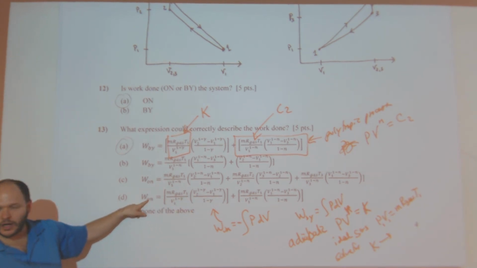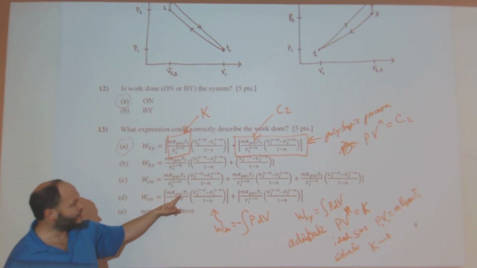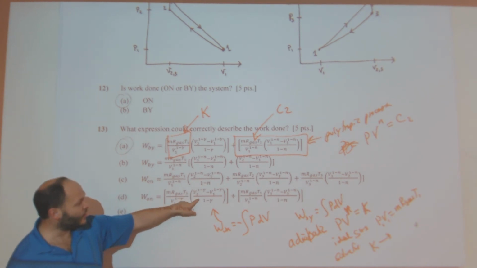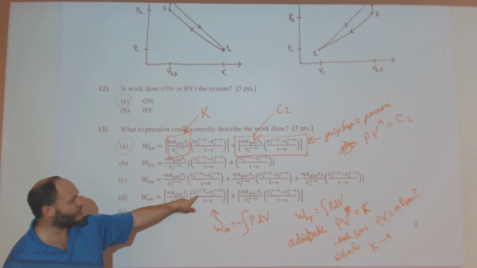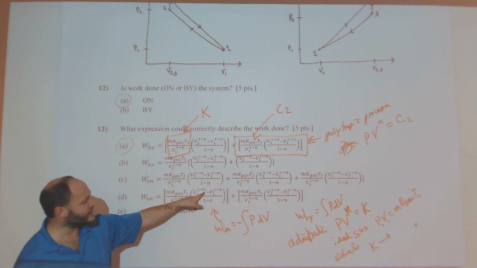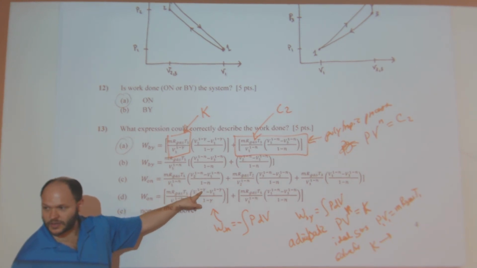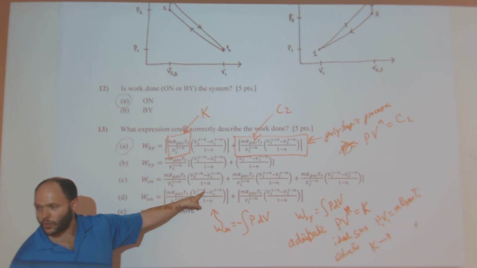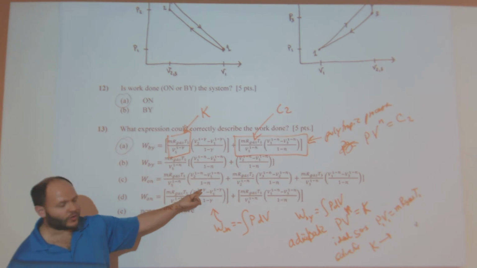I know work on should be positive, but if I just look at it, I have a volume, and gamma is like 1.4. If gamma was 0, there'd be a different story.